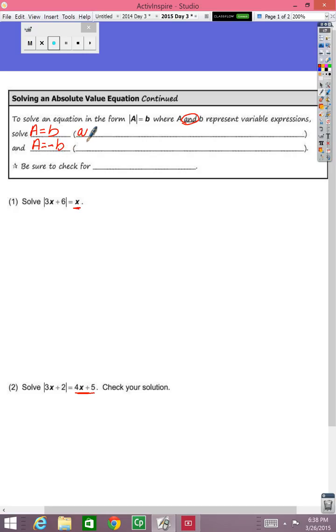You could just make a note that all terms in b remain the same for the first one. Where in the negation, all the terms in b change sign.